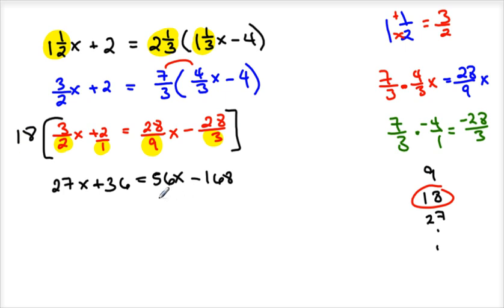Okay, I'm going to combine like terms. I'm going to bring my 27x over to the right. I'm going to bring my negative 168 over to the left. So let's do this together. Minus 27x, minus 27x. And this one I'm going to add 168 to both sides.